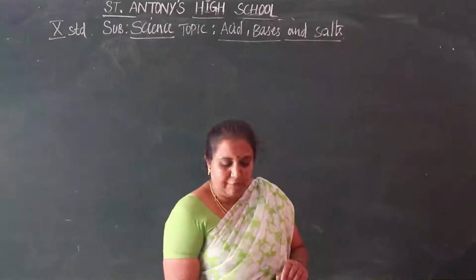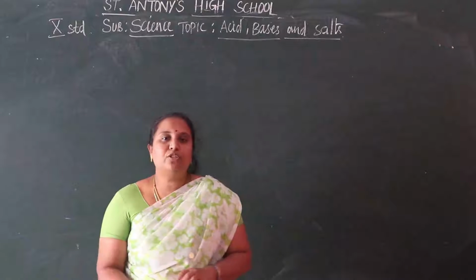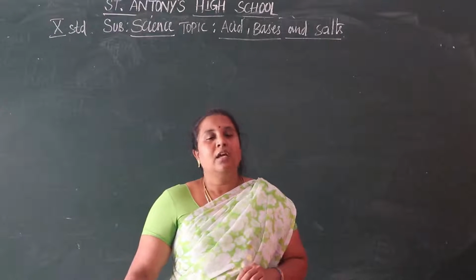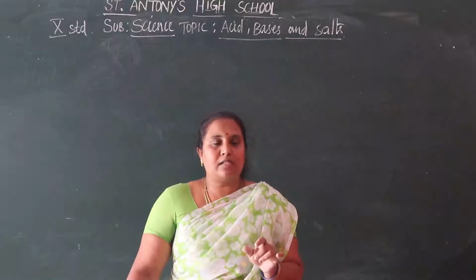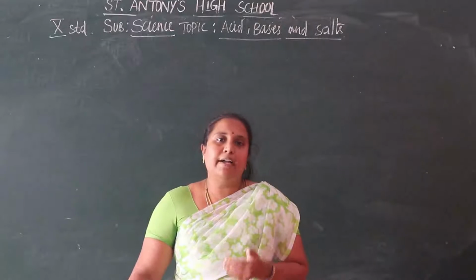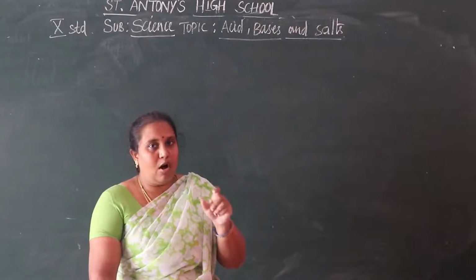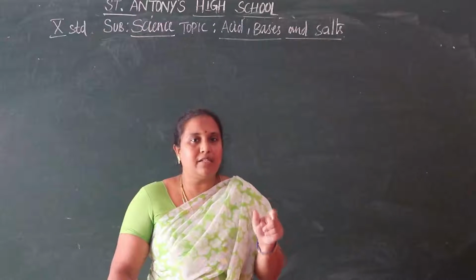In your textbook the figure is given, on page number 30. In the chlor-alkali process, sodium hydroxide is obtained from the brine solution. First you should know about brine solution. What is brine solution?